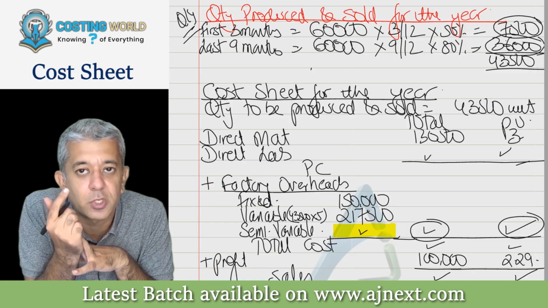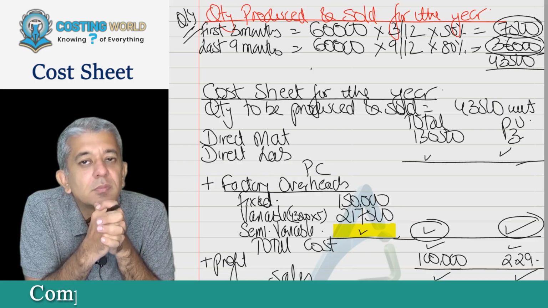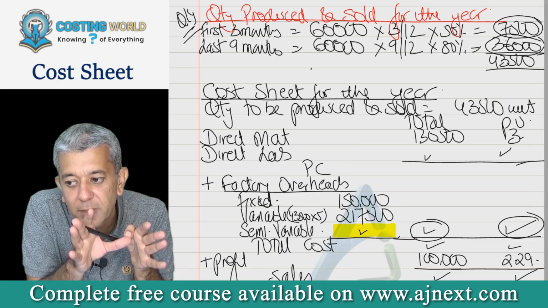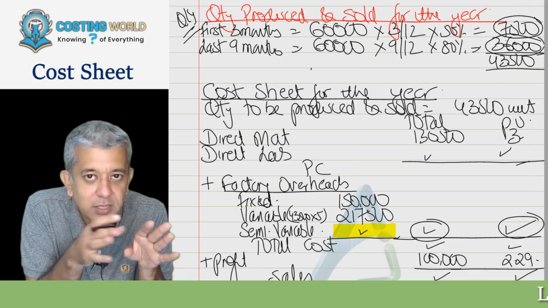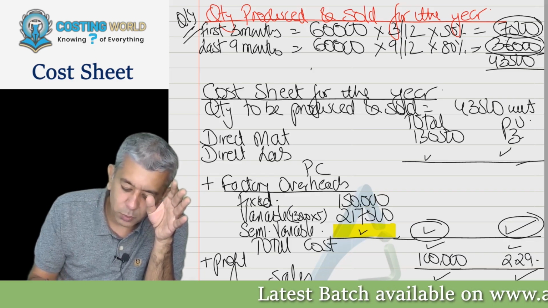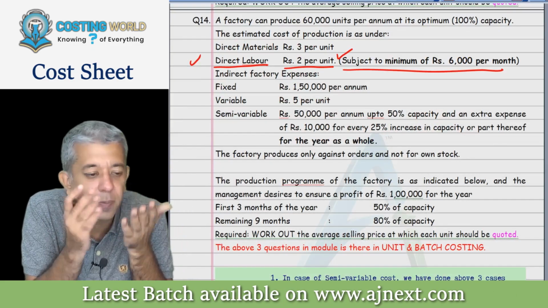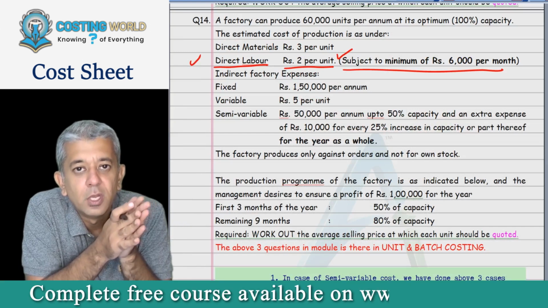Is this language understood by everybody? Yes, sir. So what I'm going to be doing, very simple thing. You are going to be paying rupees 2 per unit for each and every unit that the workers will produce. So let me count that in the first month, how many units you are going to be producing.